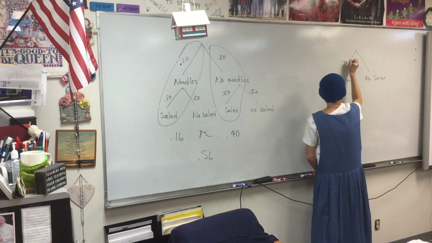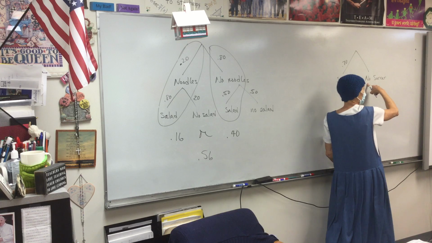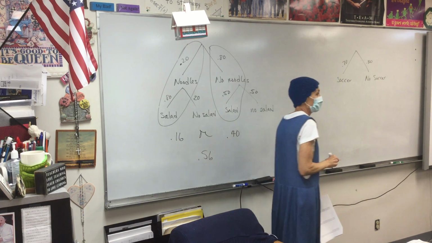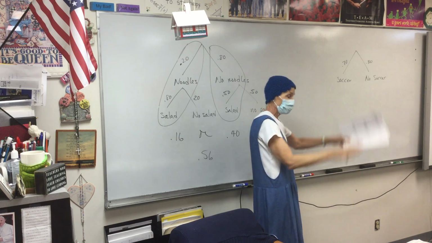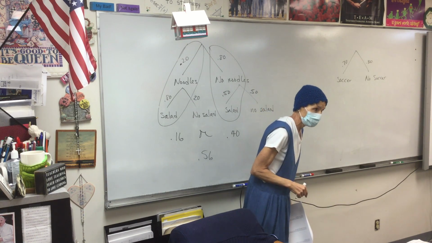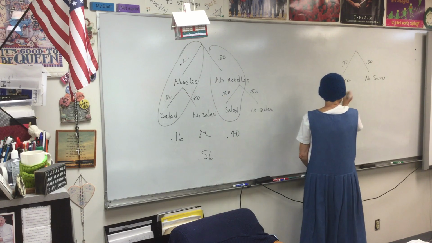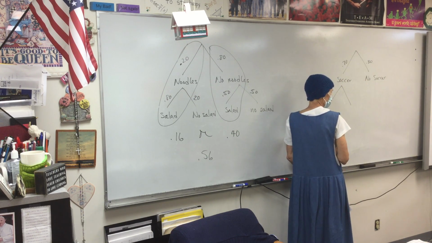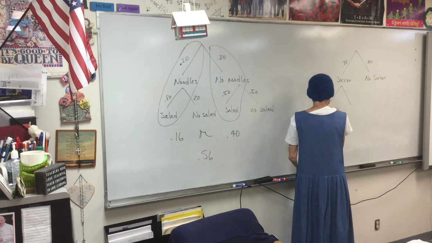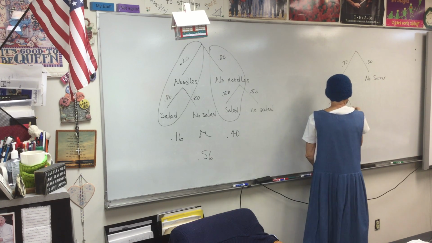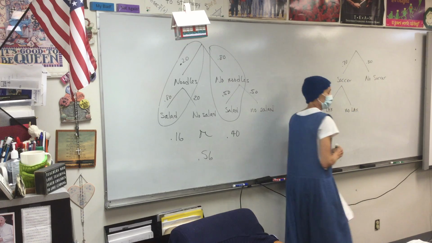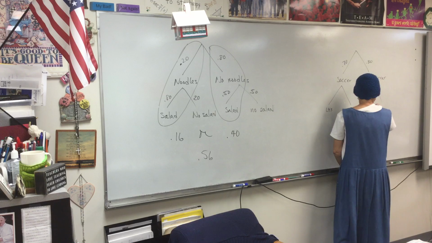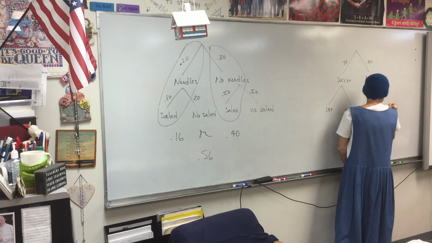So this is 70%, and no soccer then would be 30%. Now, I can also do lacrosse. So if I play soccer, I can do lacrosse. What's the symbol for lacrosse? Lax. Or I can do no lax. If I don't play soccer, I can do lax or no lax.